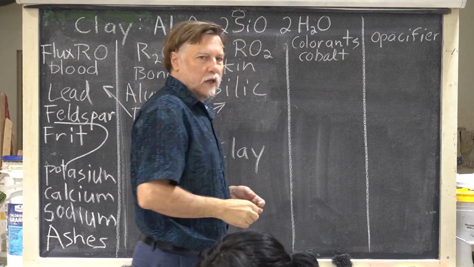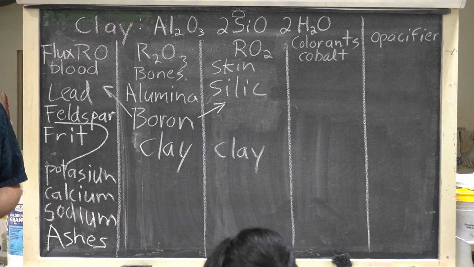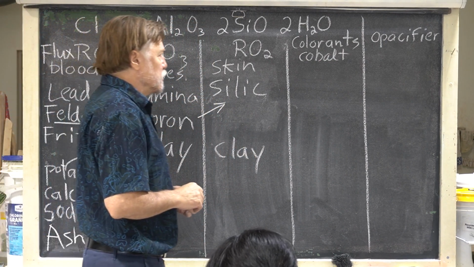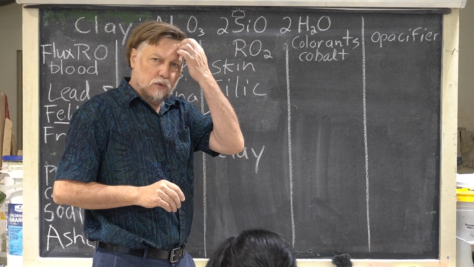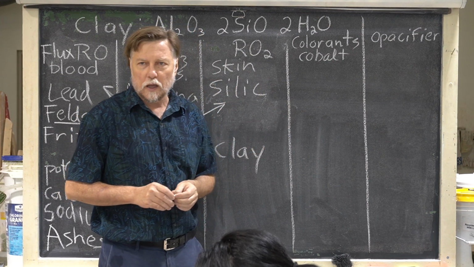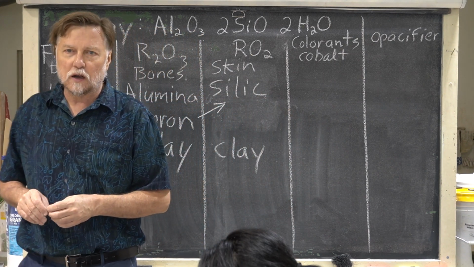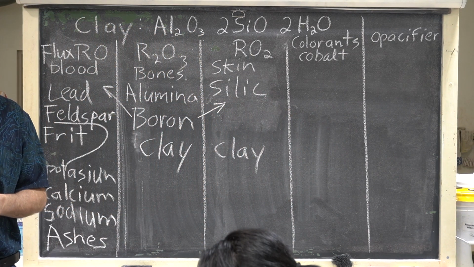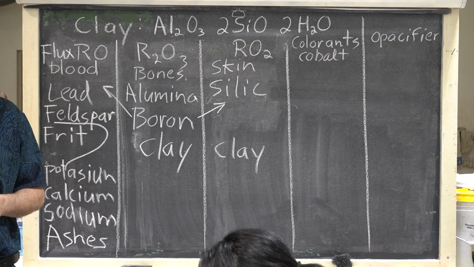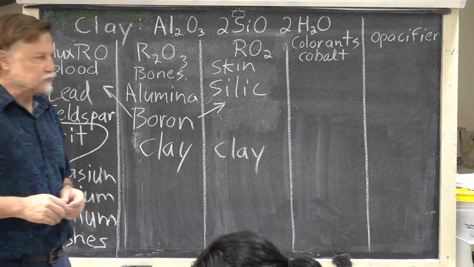And cobalt will make mostly blues, but it'll also make purples and pinks a little bit, depending on how you use it. It can be a muted blue if you add an iron pigment to it as well. One way of modifying a blue so it's not quite as strong is by adding rutile, which is a titanium compound with iron in it.